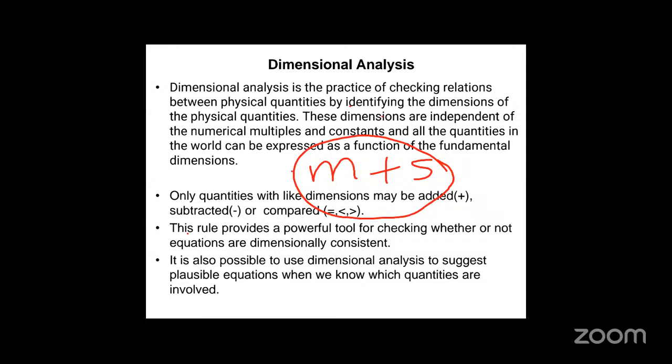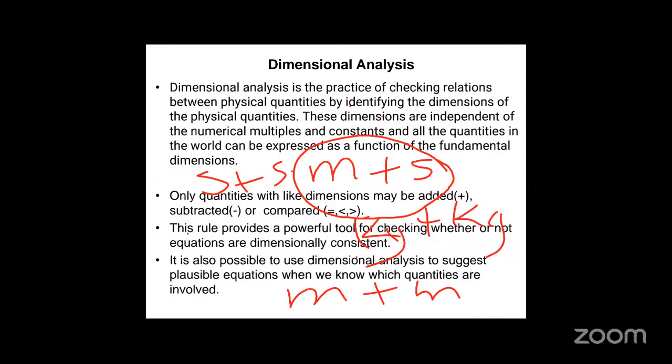It goes against the principle of homogeneity. The principle states that the dimensions of all the terms on both sides of an equation must be the same. So I can only add second plus second, meter plus meter, kilogram plus kilogram.